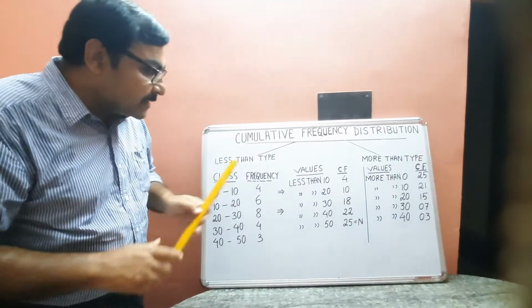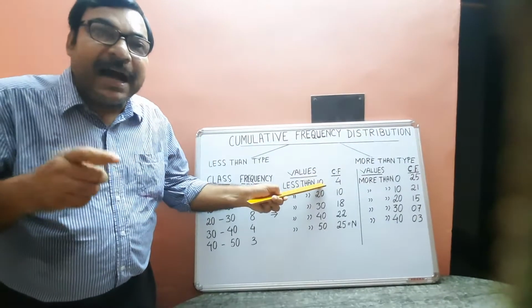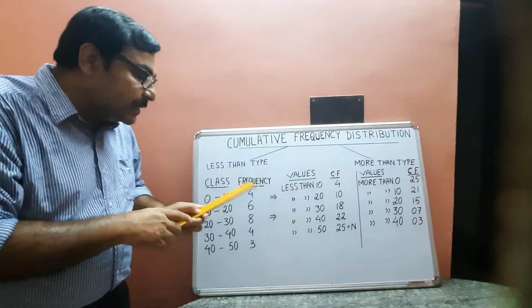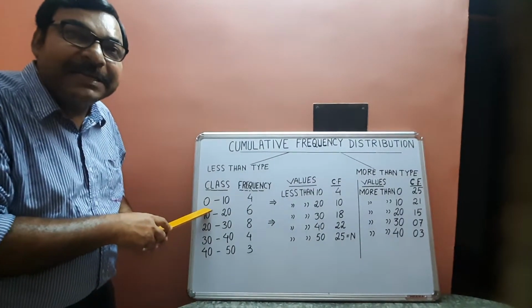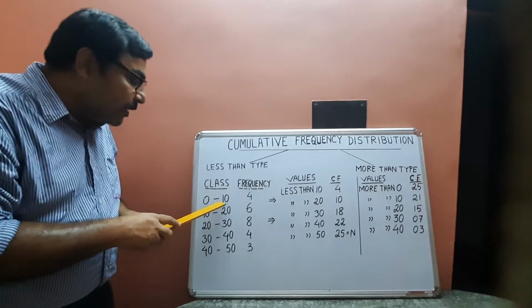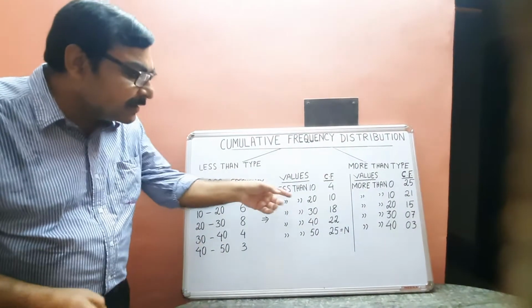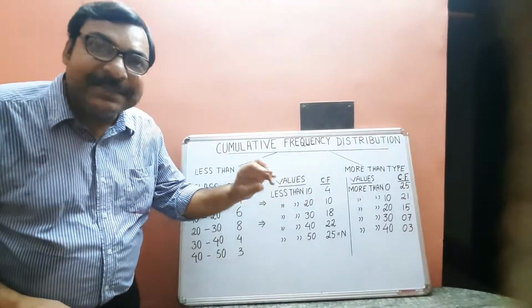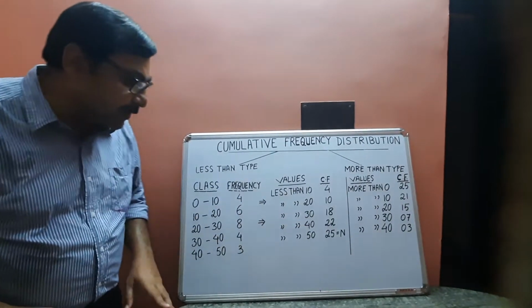What will be the first class? Less than 10. That means you have to consider the items which are less than 10. So your first class will be 0 to 10. If you have to consider items less than 10, you have to start with the class 0 to 10. Then successive classes will be 10 to 20, 10 is the class size, 20 to 30, 30 to 40, 40 to 50 in this way.